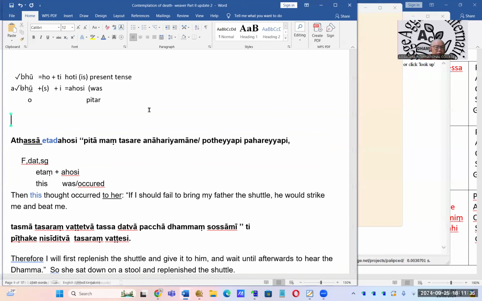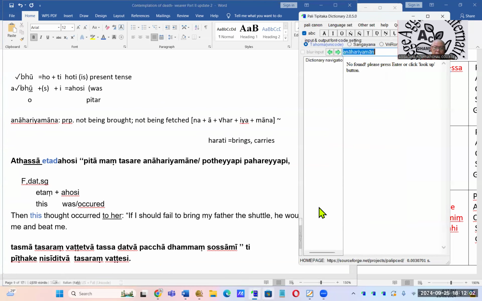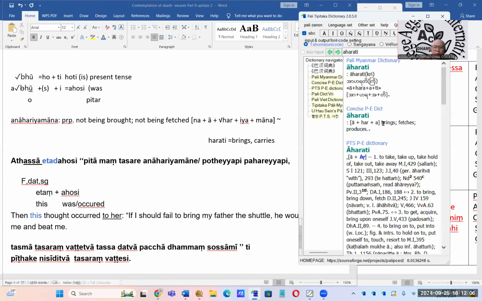Right here. Now the root har. Har is from the word harati, which means takes away, carries.